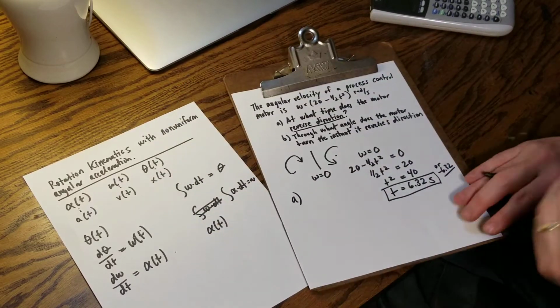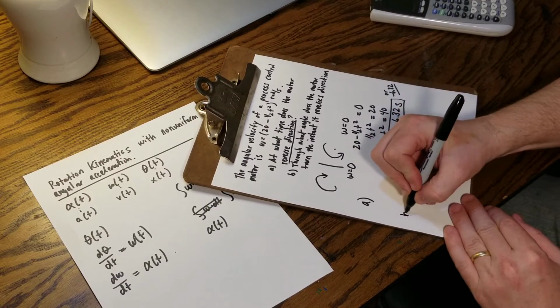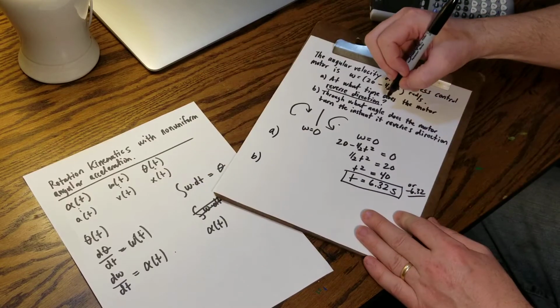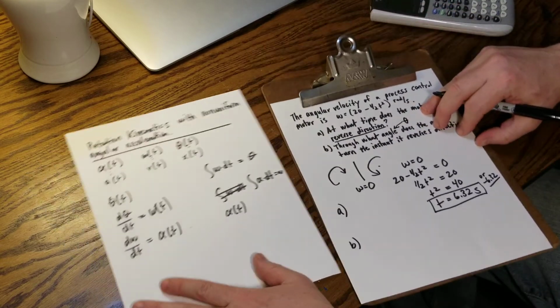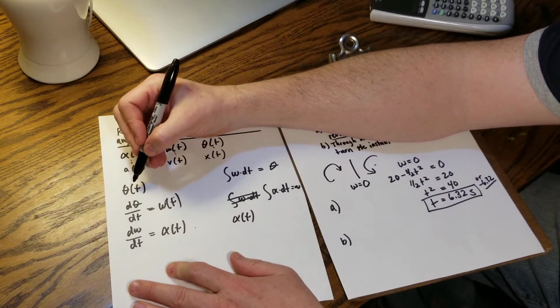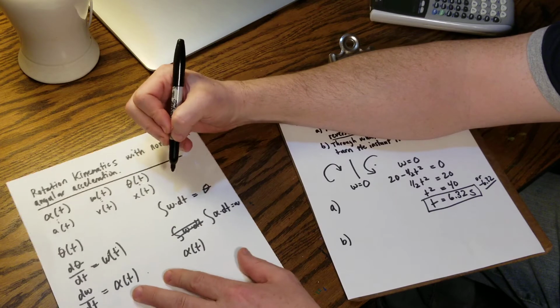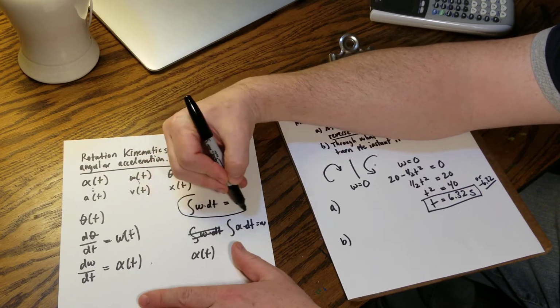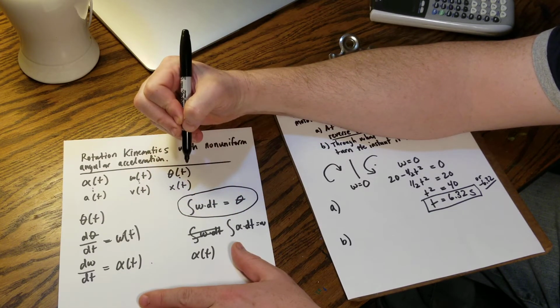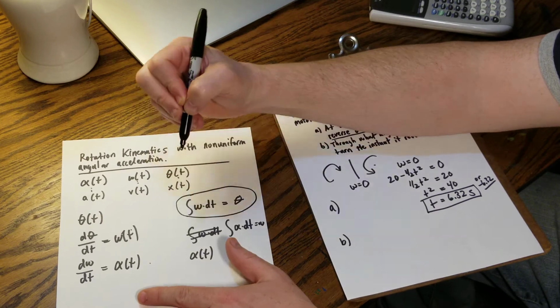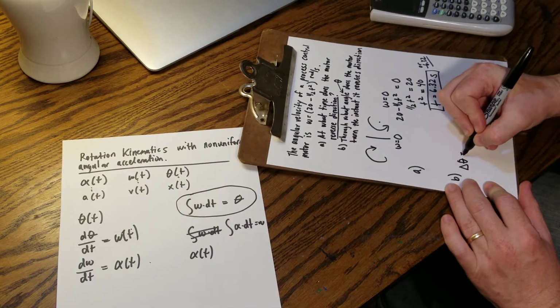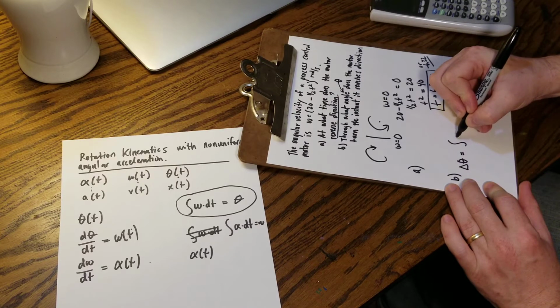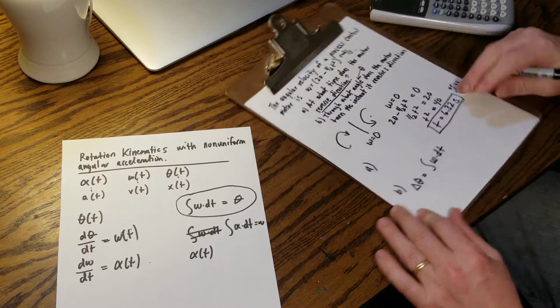So B says, through what angle does it go? Well, angle refers to our theta. We want to know what theta is. So we are going to have to use the integral formula. The change in theta is going to equal the integral of our omega dt.